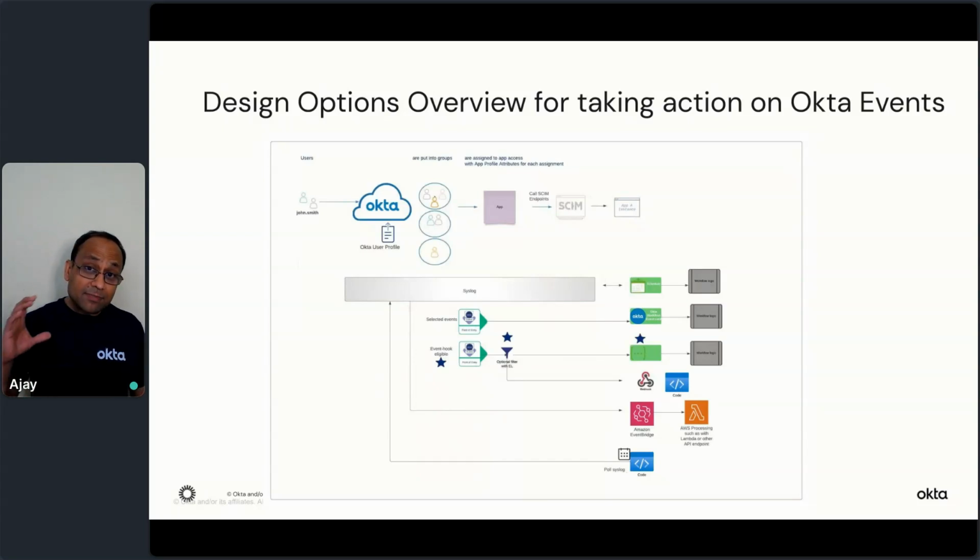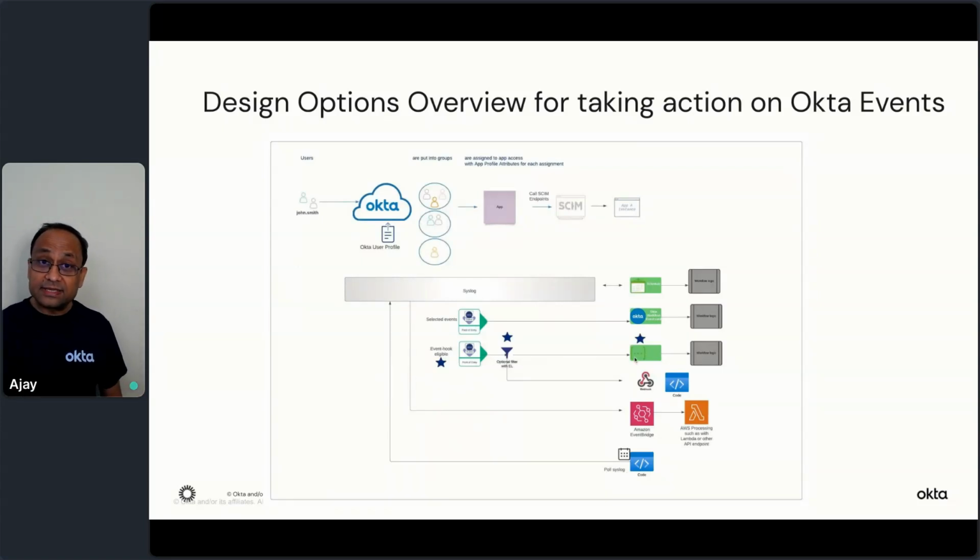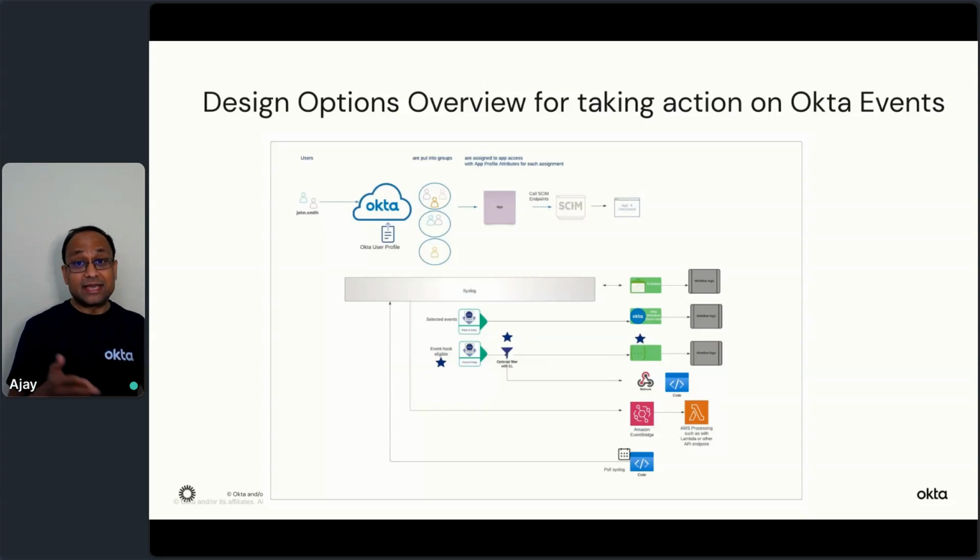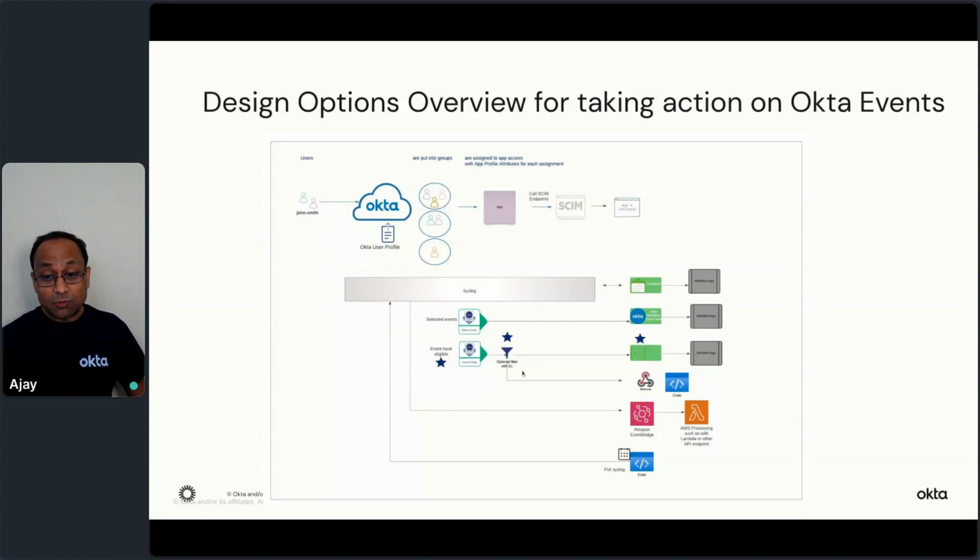There's a maximum number of event hooks that you can register in Okta. There is a maximum number of events that will be delivered in a 24-hour period. You can look at the documentation for that, but think of that like a rate limit. So that's where having the ability to filter comes in very handy.